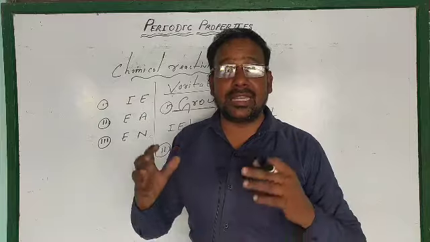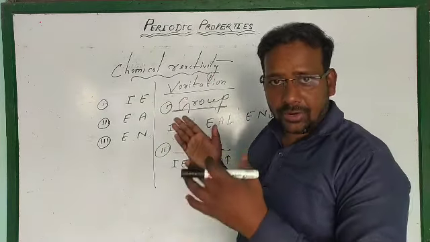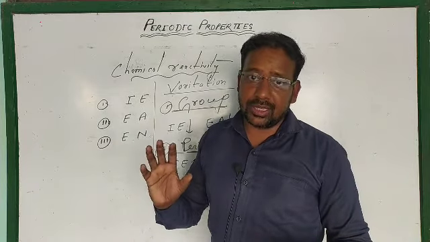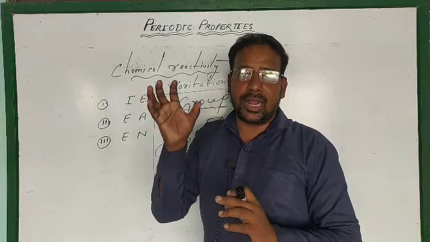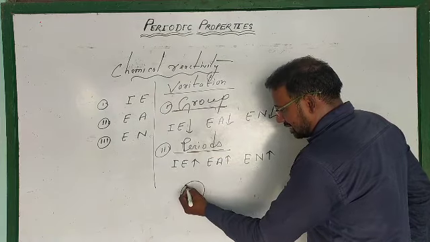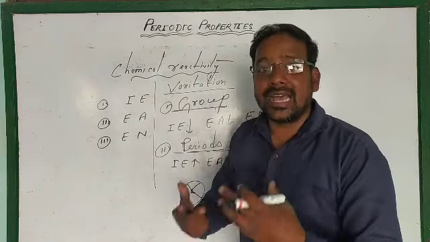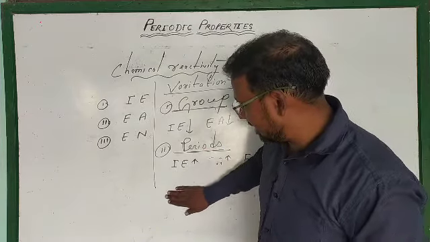Because of the decrease in size. When we are moving in a period, the number of shells is the same, but what is increasing? The nuclear charge, and because of greater nuclear charge, the attraction between nucleus and valence shell electron increases, and because of greater attraction, size decreases, and these properties also increase.